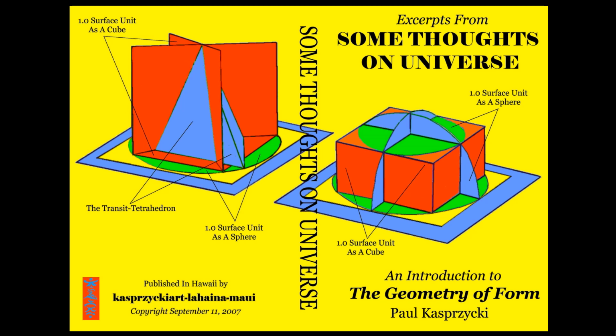Without the many decades of research leading up to excerpts from some thoughts on universe, an introduction to the geometry of form, the geometry of money would not have been possible. This book lays out the foundations of a geometry little known and never taught.